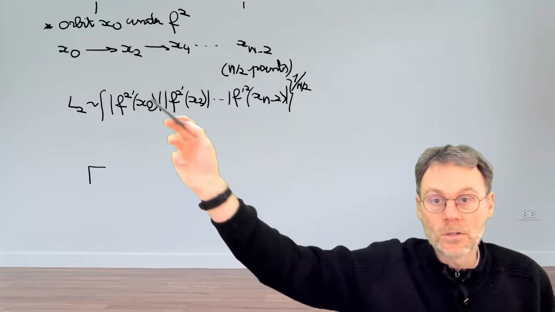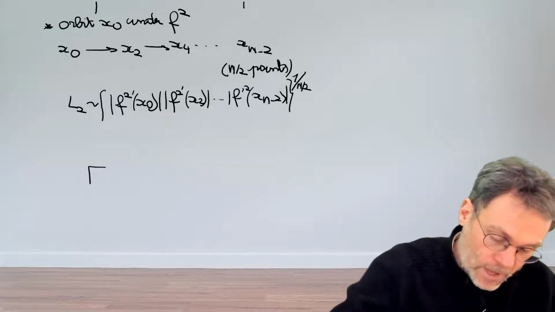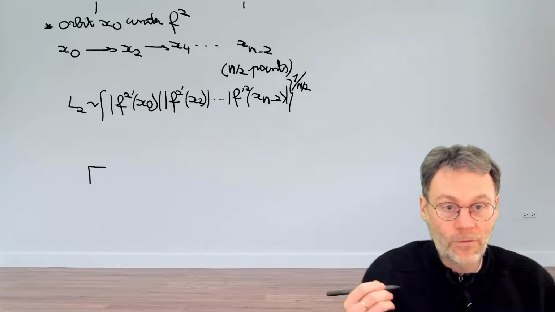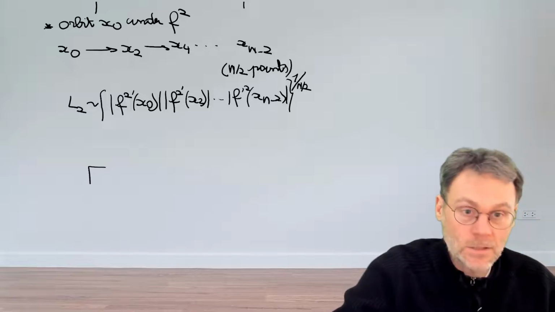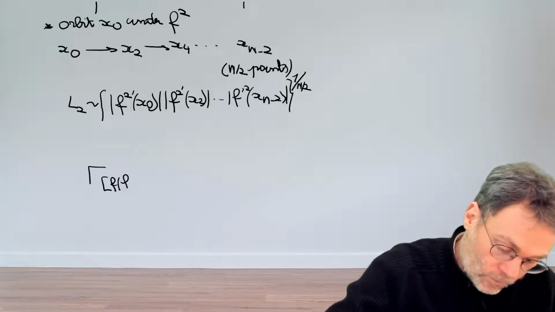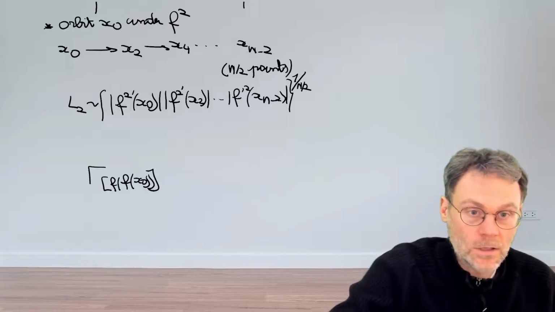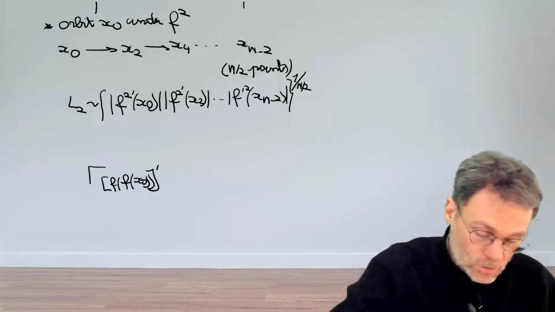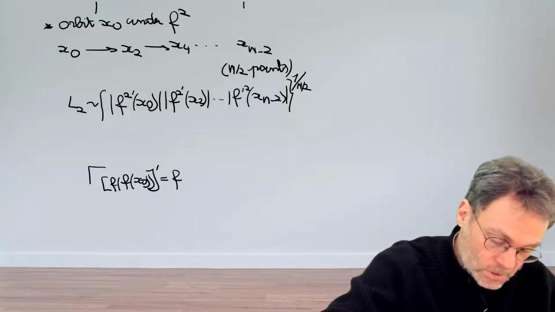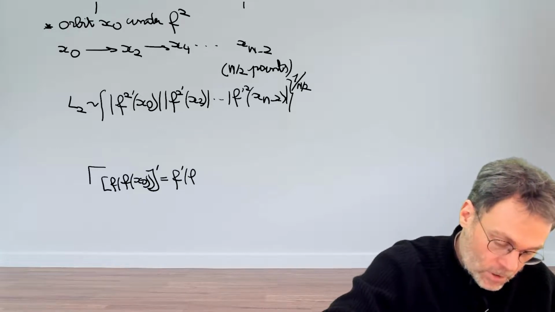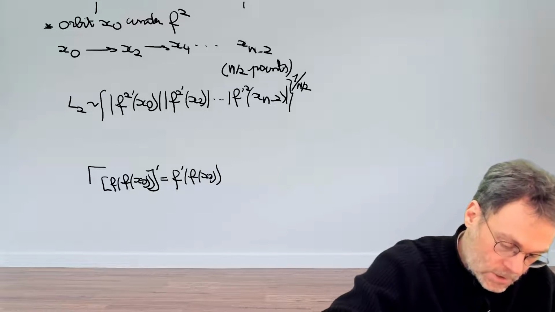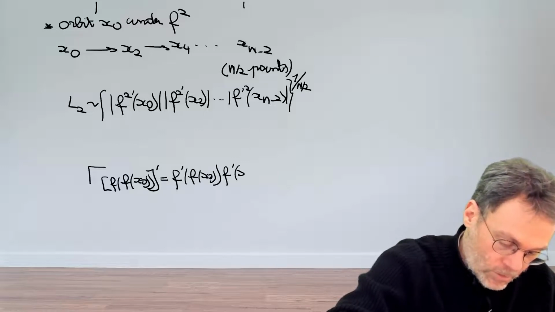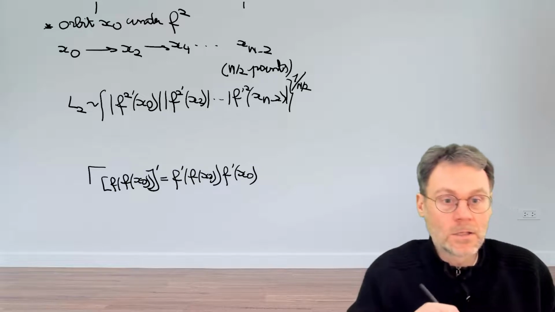So let's see what happens if you want to calculate the derivative. Let's say the first term here. If we have the derivative of the map f applied twice, that's basically the derivative of f of f of x0. So now we can just look at our chain rule. The chain rule will tell us that this is f prime of f of x0 times f prime of x0.